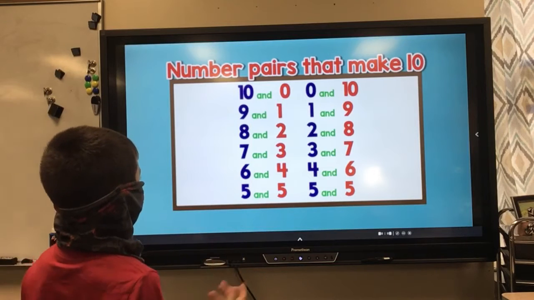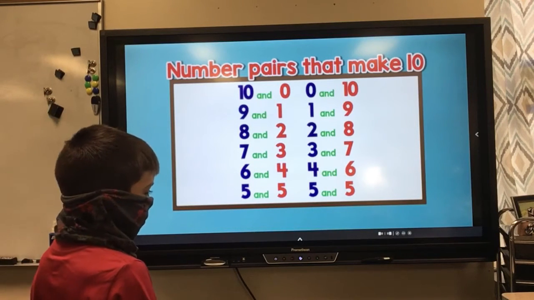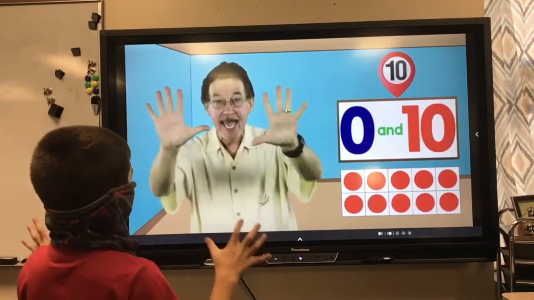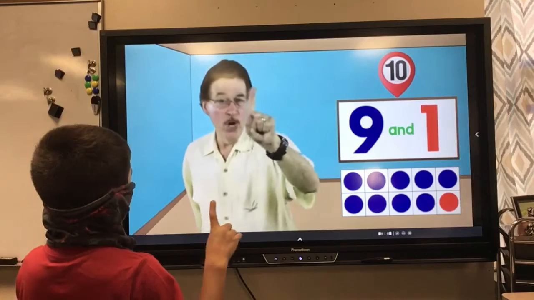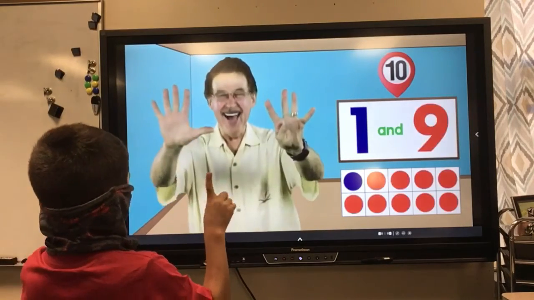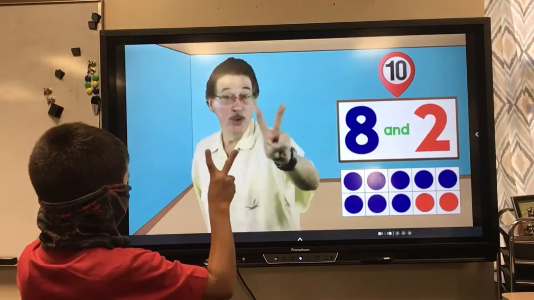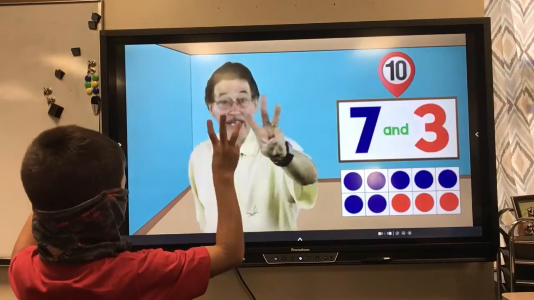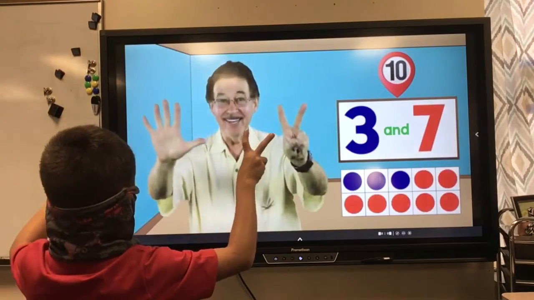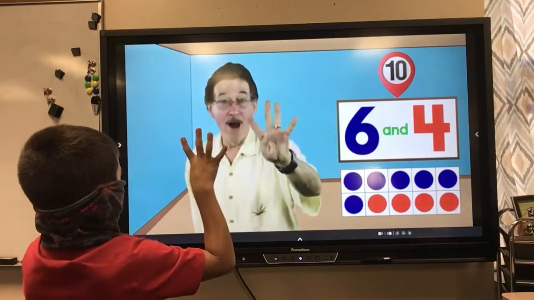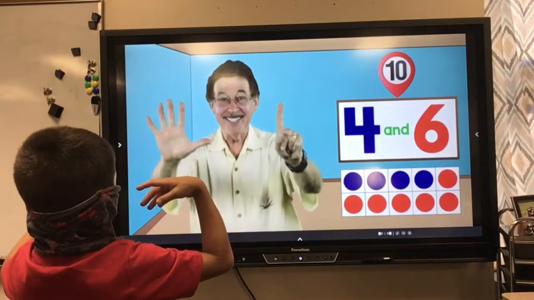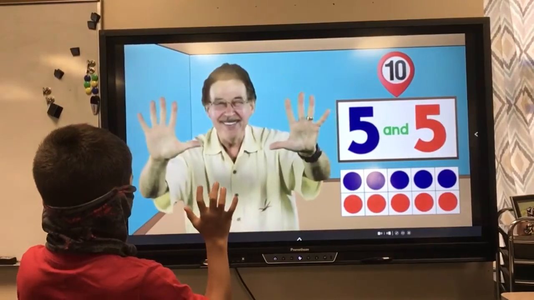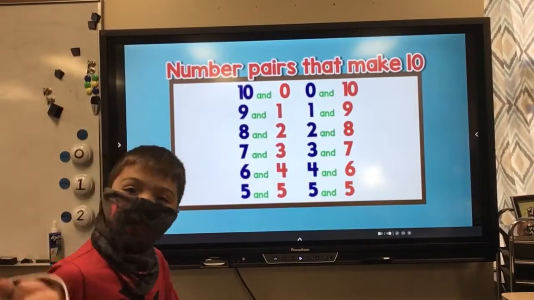Those are the number pairs that make 10.